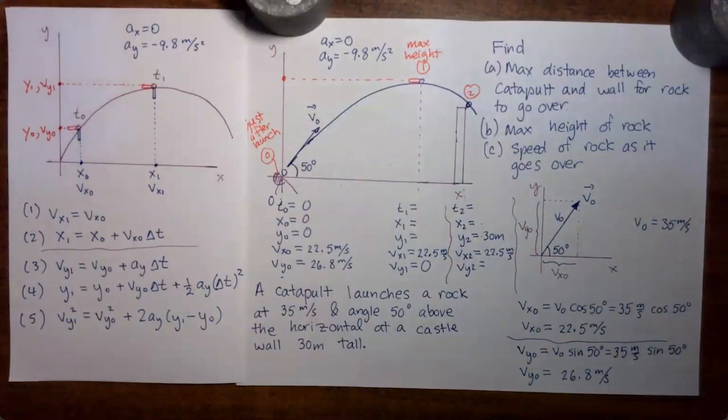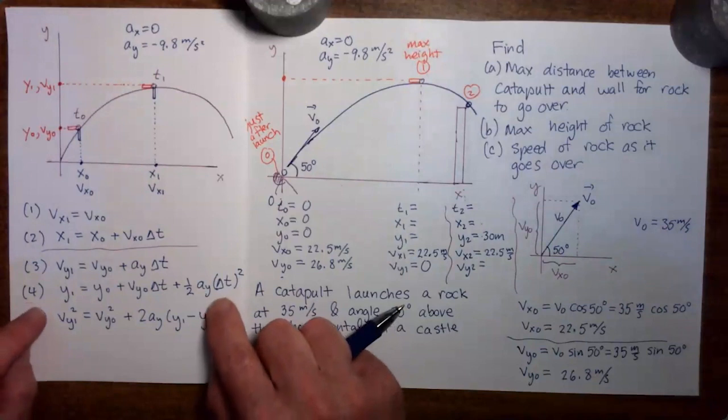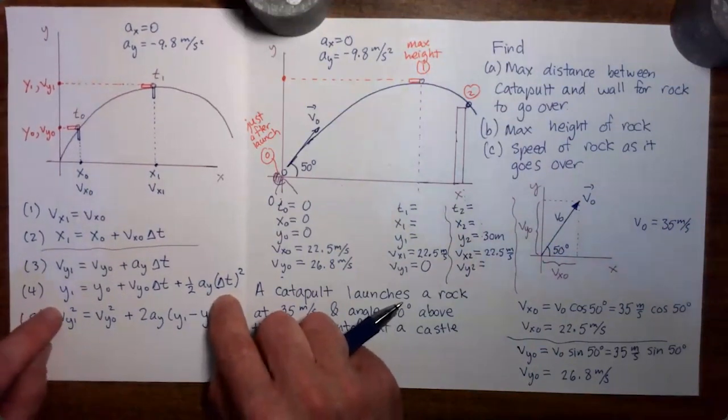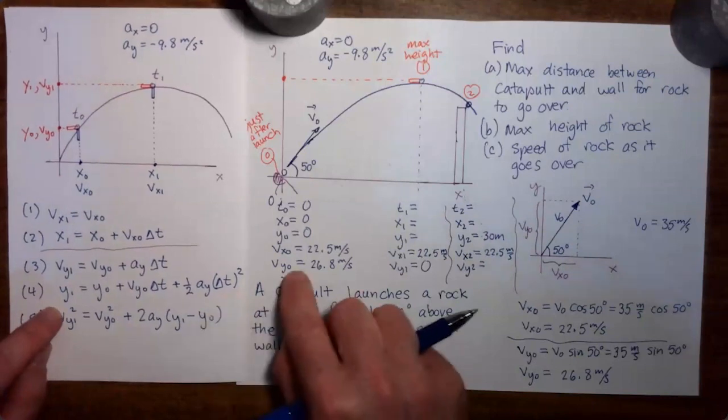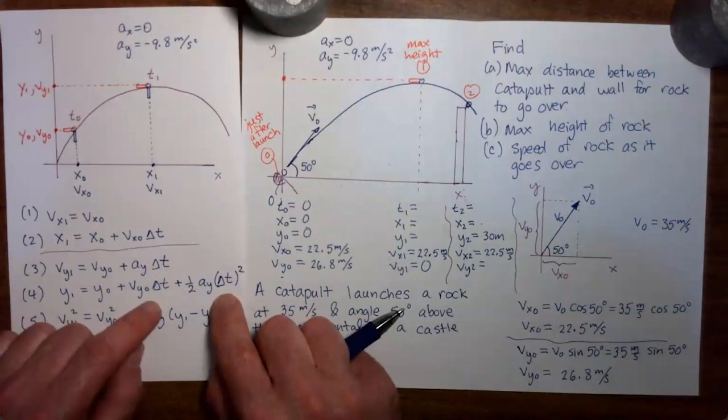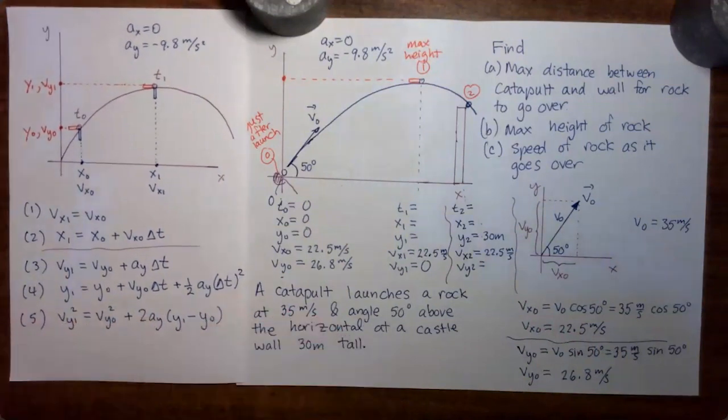Now, there's two options here. One option would be to use equation 4, take equation 4 and write it so that you connect moment 0 and moment 2 to each other, and then you're going to have a quadratic equation in the time. That's one way to do it, and if you want to do that, you can pause the video and go right ahead and do it that way.